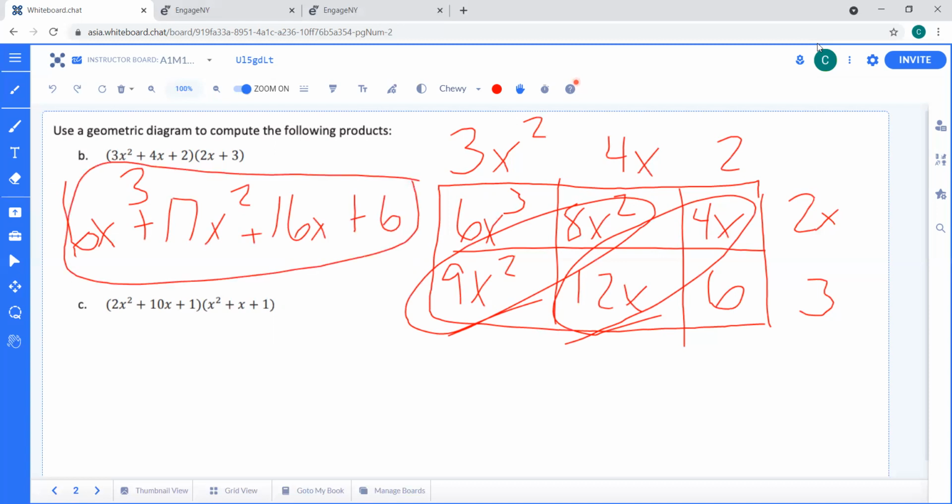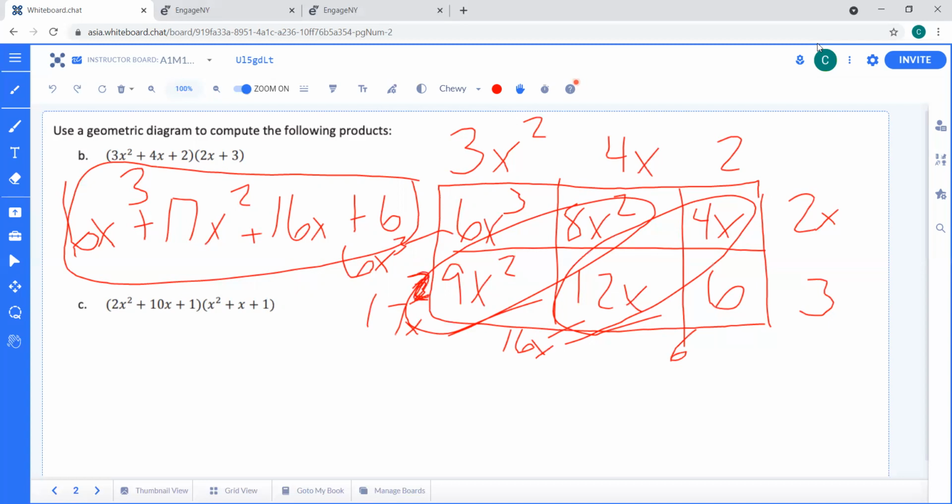Okay. I think earlier they just wrote these out to the side here, but I didn't want to do that, so I'll do that now. 6. Okay. So this should be squared.